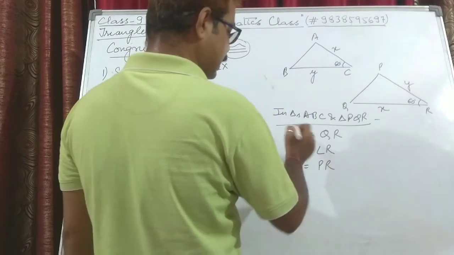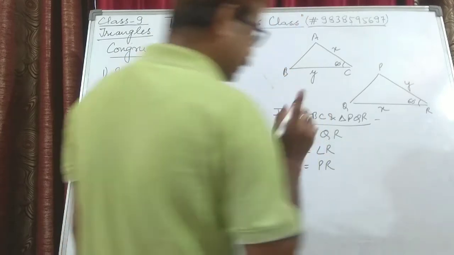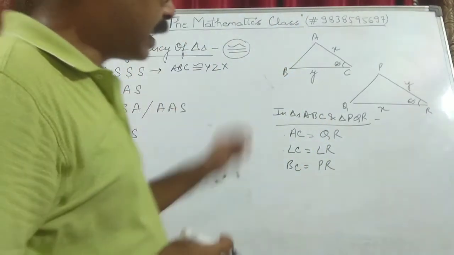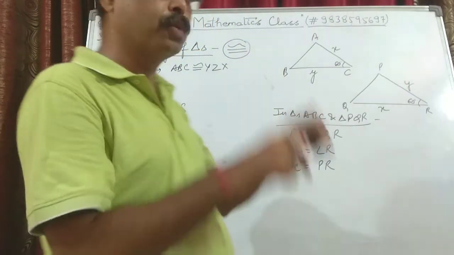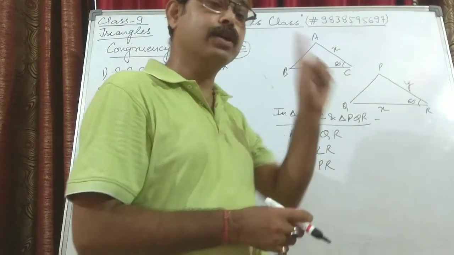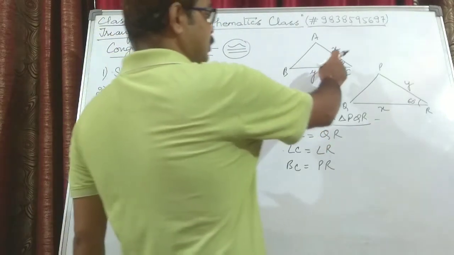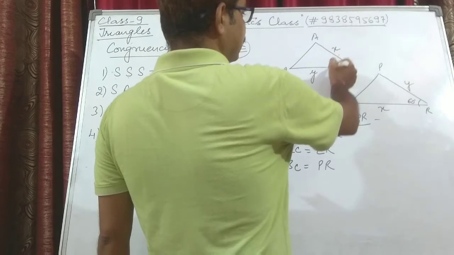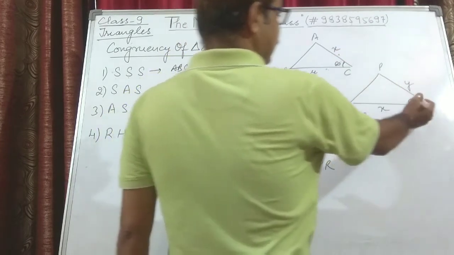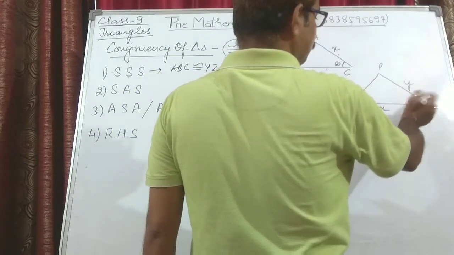So, side angle side. One thing you need to remember is that the angle we are talking about has to be included between the equal sides. Here this 60 is in between the two equal sides, and here also 60 is between the two equal sides.